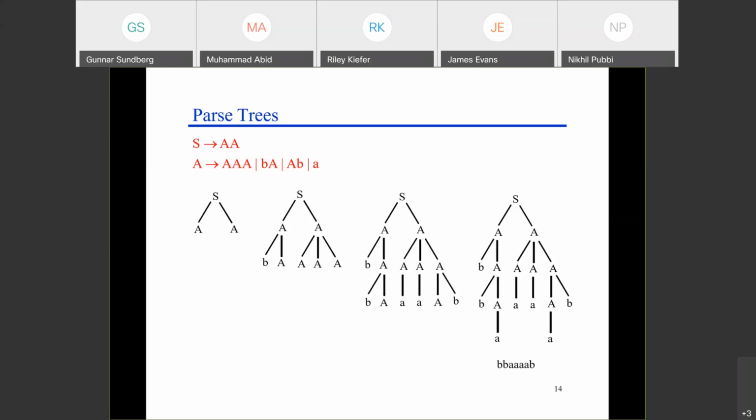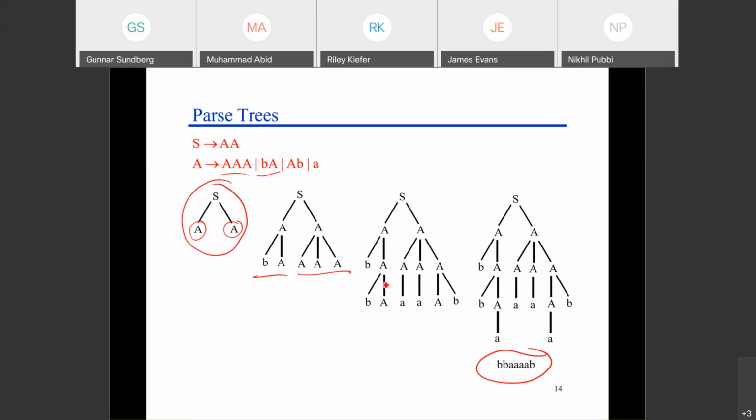And let's see, are we able to convert our grammar into the parse tree? Let's see. So we are saying S can be replaced by AA, the first production rule. Now actually you have this word in front of you and you want to generate that. So this A can be replaced by BA, and then this A can be replaced by this production rule.